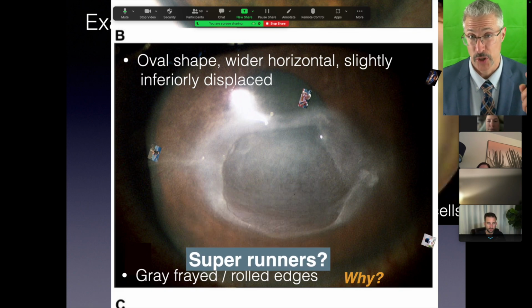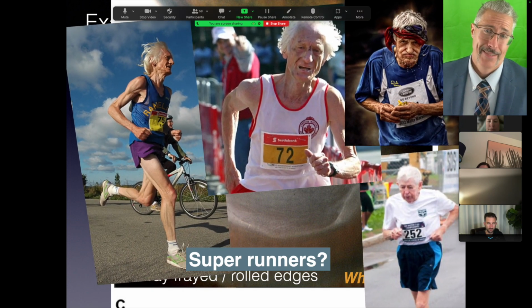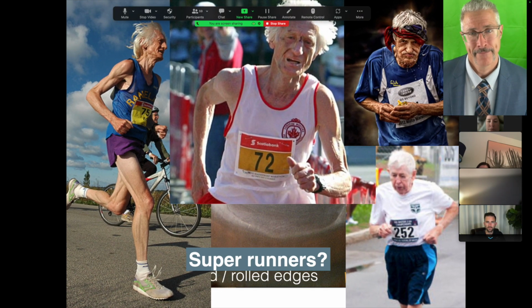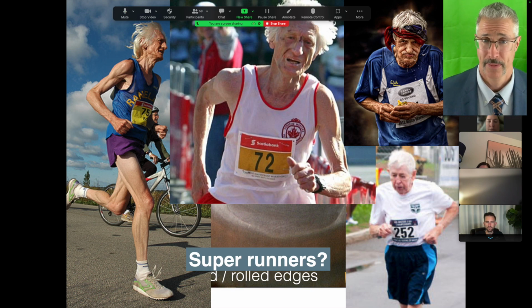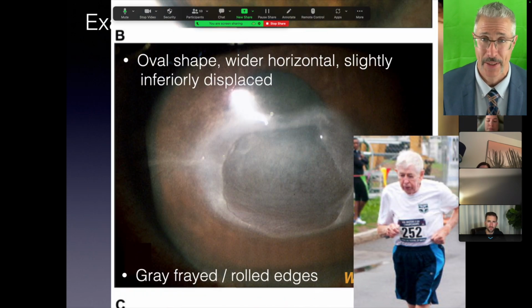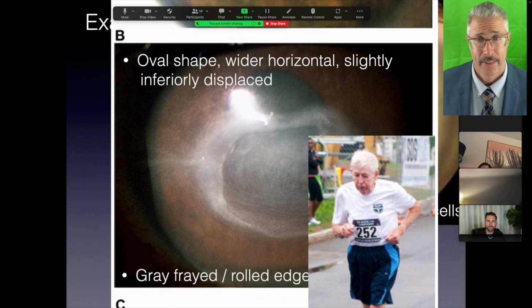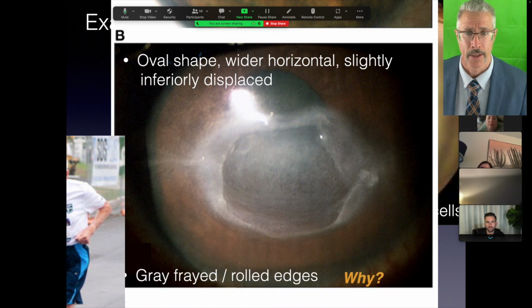I think they're still super runners. It's just that in neurotrophic keratitis, they're getting a little bit old. Nothing to be taken away from these guys, but they're getting a little bit old and gray. Well, sometimes you can be young and gray, right?